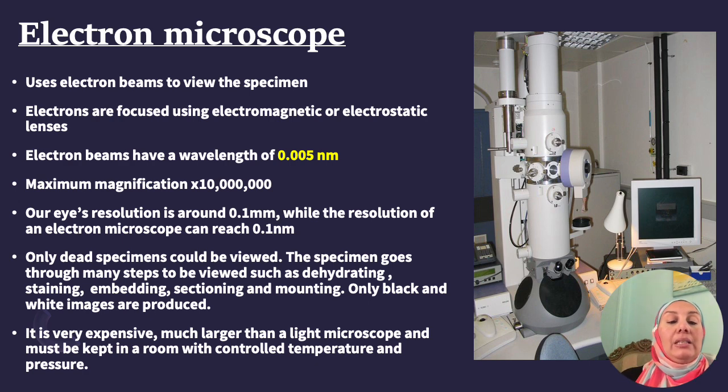So these very drastic processes that the specimen goes through kill it. It's dead. It cannot survive without water. It cannot survive with so many heavy metals inside the cell. So all of these steps cause the death of the specimen, and that's a limitation.